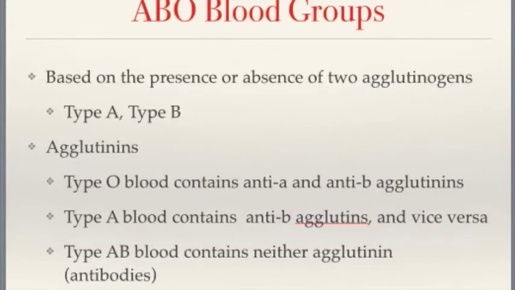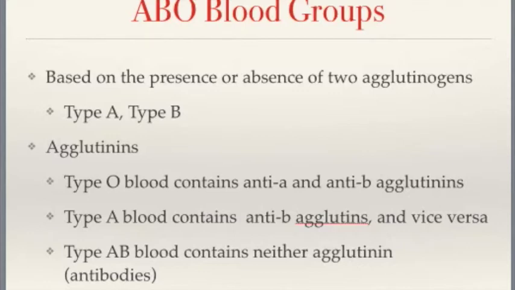All right, so what your blood type is referred to, what I mean when I say you're a type A or a type B blood type, this naming convention is based on the presence or the absence of 2 types of agglutinogens. And from now on, I'm going to say antigen, but what I really refer to in this instance, it's really an agglutinogen.